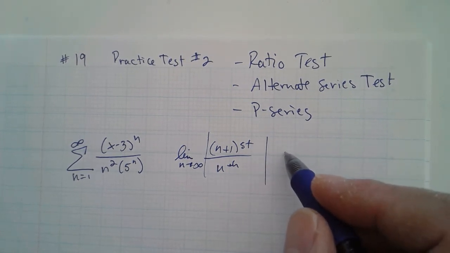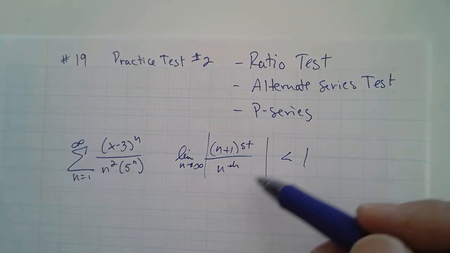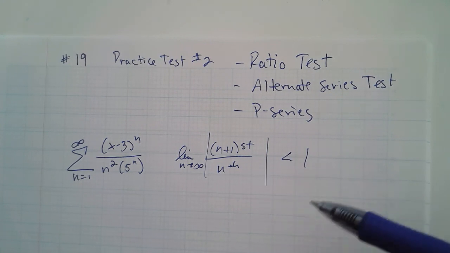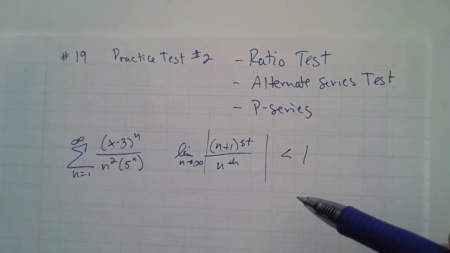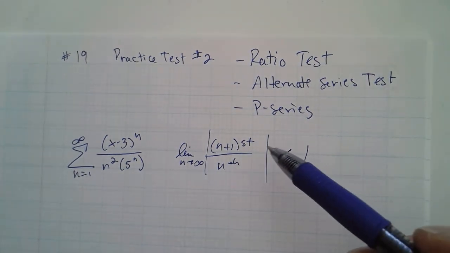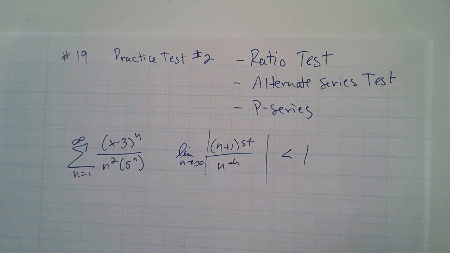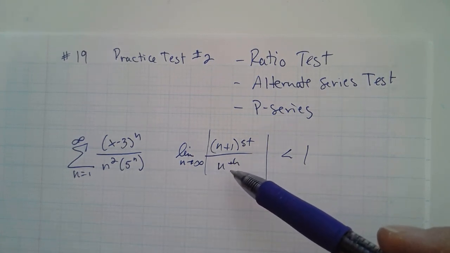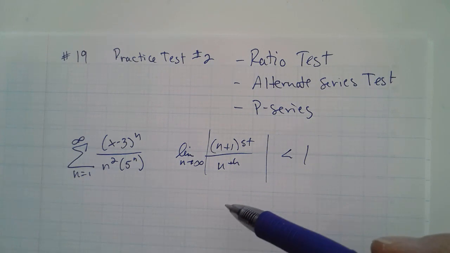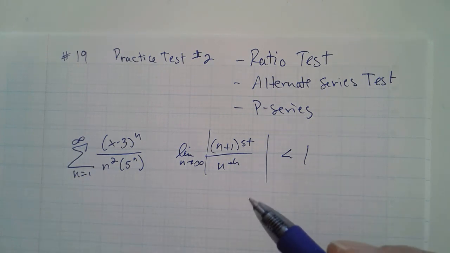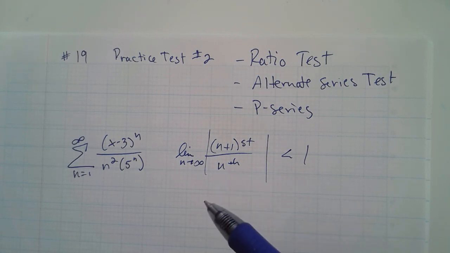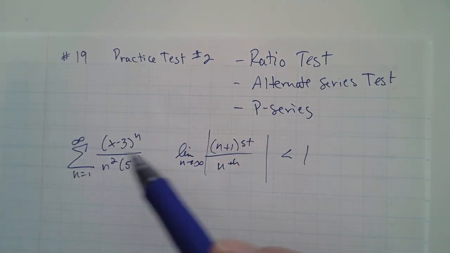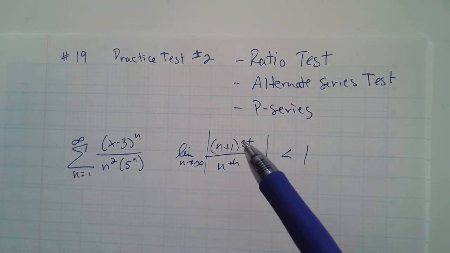If that's less than 1, whatever values make it less than 1 are going to be values that produce convergence. Think of it as kind of a geometric series: if you're multiplying by 0.3 every time, that'll converge because the ratio is between -1 and 1. This one may not be exactly a number, but it behaves that way.